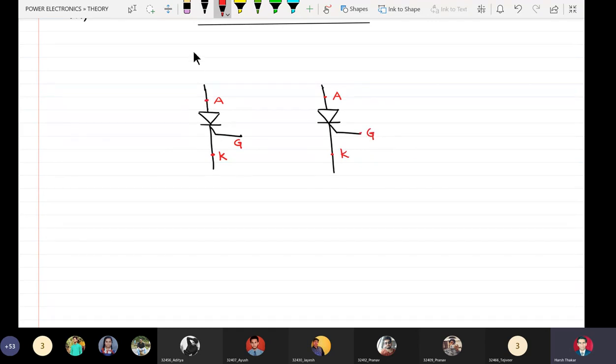So we just introduce two resistors in series with the SCRs in this way.